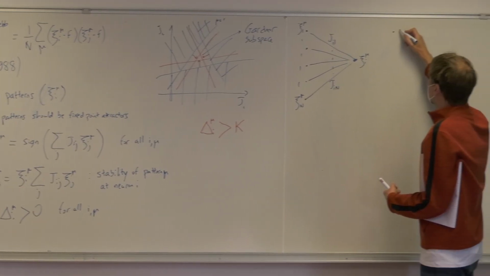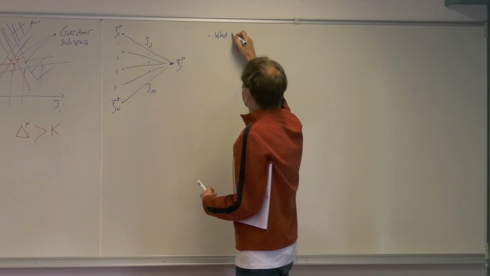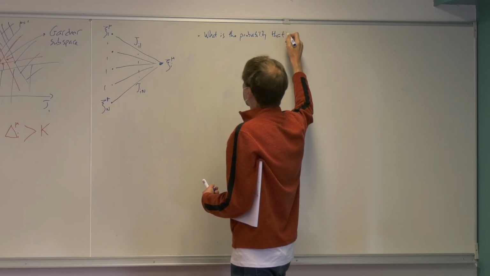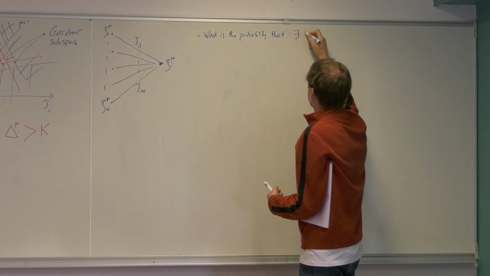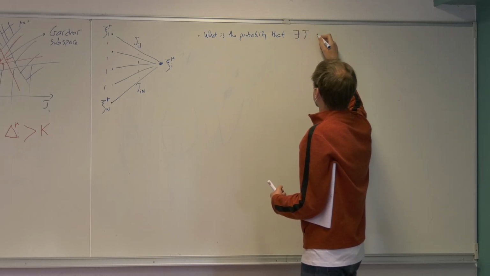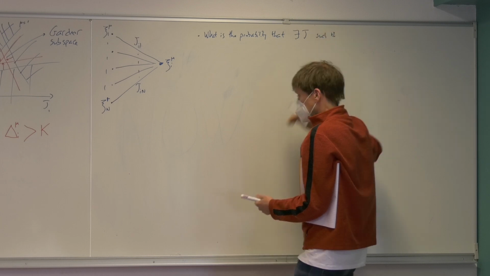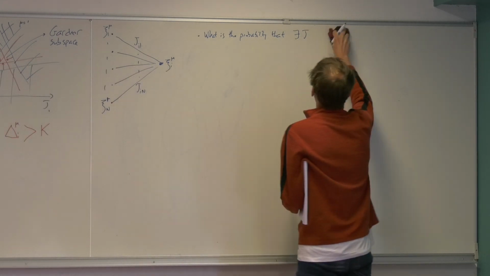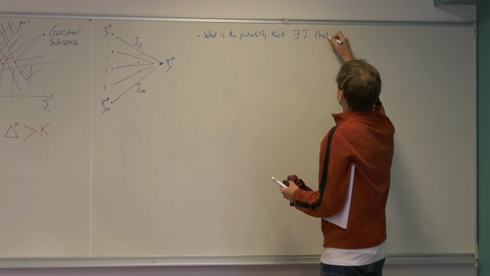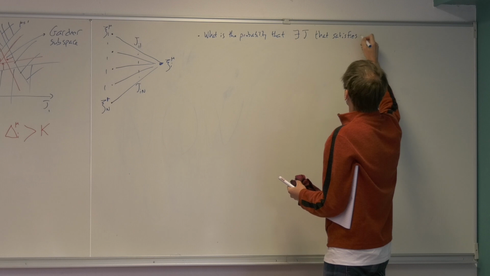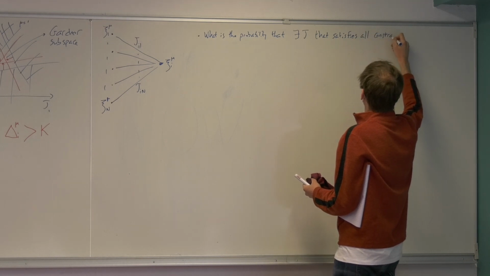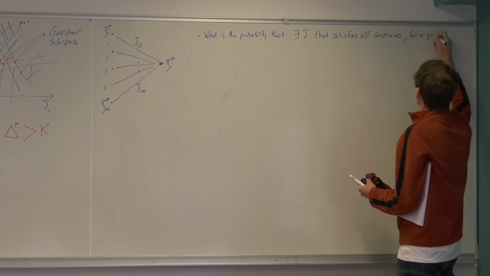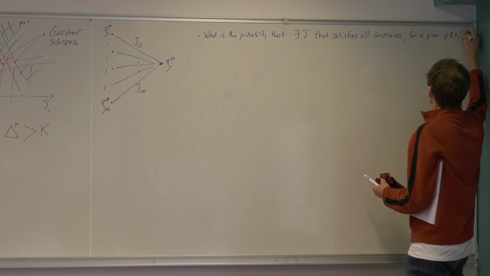So one question is, what is the probability that there exists a connectivity matrix J that satisfies all the constraints for a given P and N.